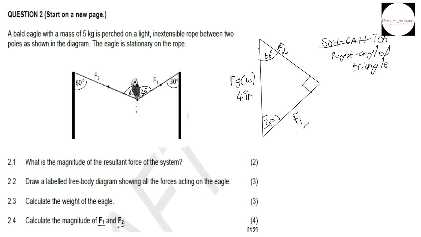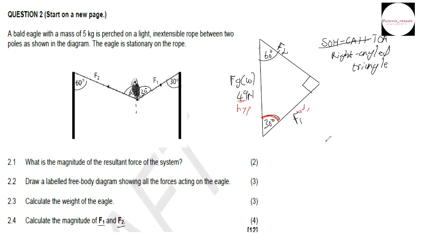Now to calculate F1, we can reference from the 30 degrees here. Then F1 becomes the adjacent side, and the weight is the hypotenuse.